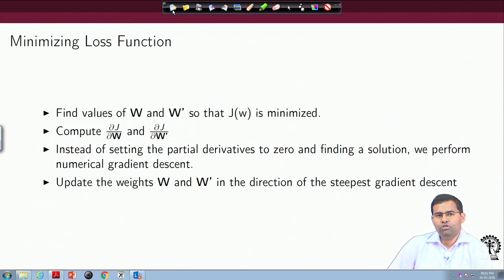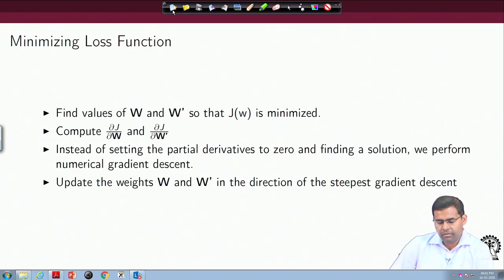That means you compute this del j del w and del j del w prime at different points, and you try to figure out the directions in which the value of the loss function decreases with the highest possible gradient. Because then that is the maximum slope, so you should really focus your search on those directions. I hope I am making myself clear.